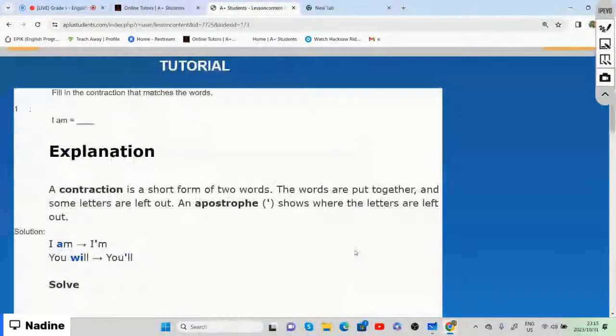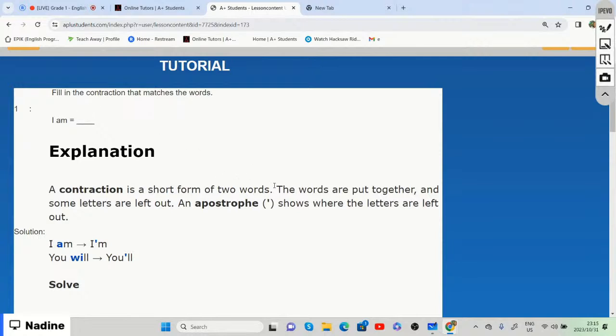All right. So now if we look at this activity, it says fill in the contraction that matches the words. I am. If we look at the words I am, what is the contraction of I am?